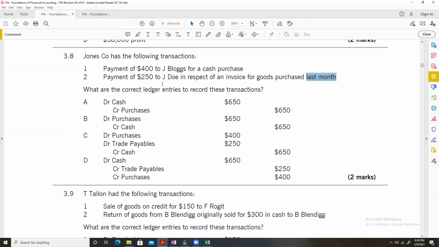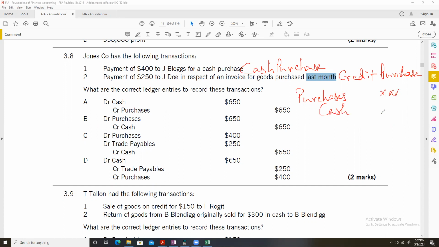Now, the difference between the two is that here we have a cash purchase. Although both of them are purchases, this is a cash purchase and this is a payment for a credit purchase. When we make cash purchases, we record the double entry as purchases debit and cash credit.